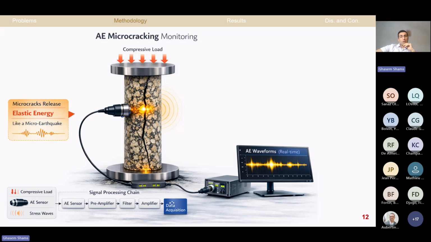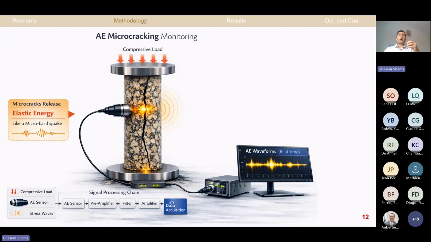If I want to explain how we monitor the microcracking or fracture evolution during the loading process using acoustic emission: as the specimen is loaded under compression, tension, bending, shear, whatever the load is, the internal damage progressively accumulates. Before we observe the final visible fracture, as we see in the laboratory, there are distributed microcracks inside the material.